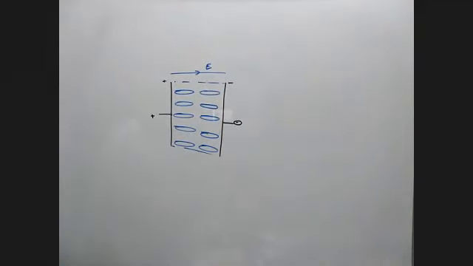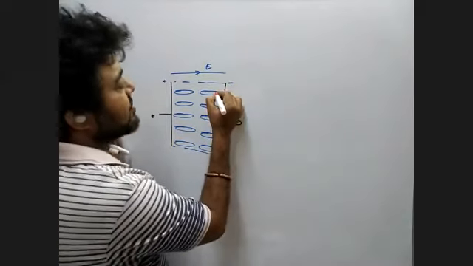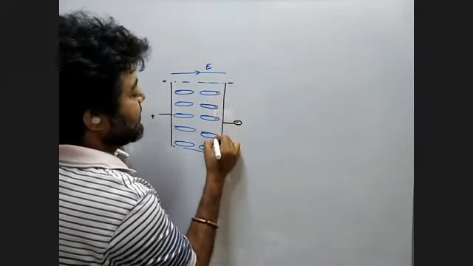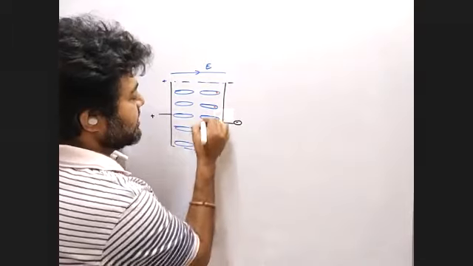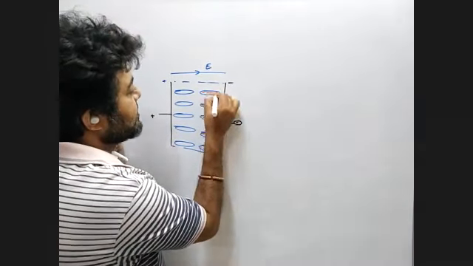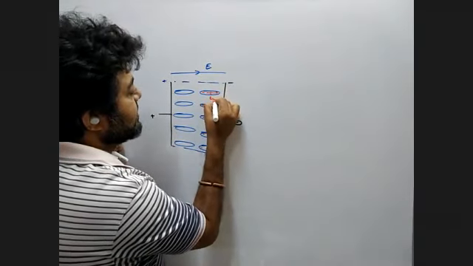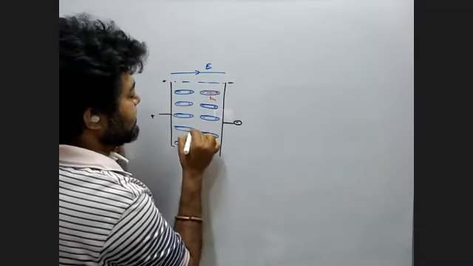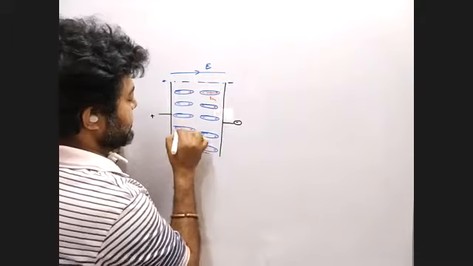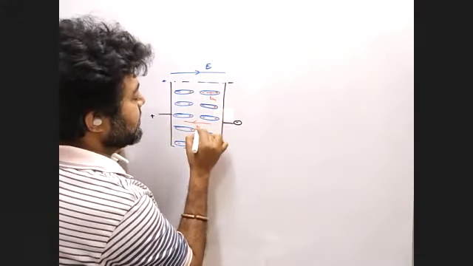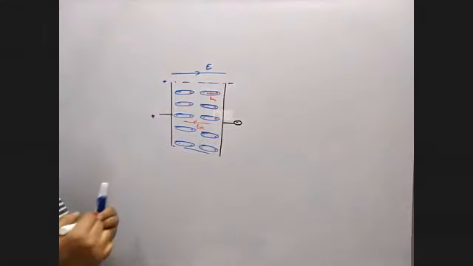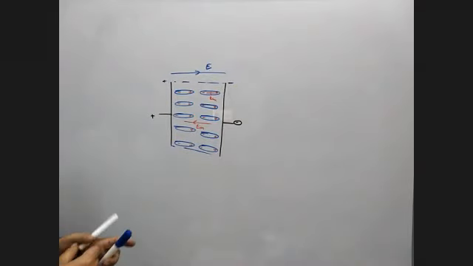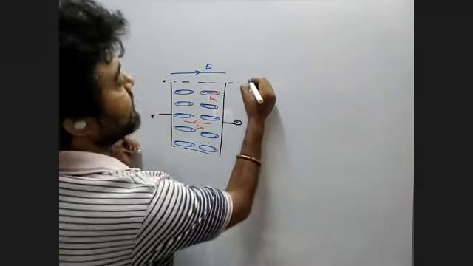So now in the direction of the dipole electric field, partially positive charge and partially negative charge. E induced, plus minus plus minus plus minus. So overall, induced electric field.